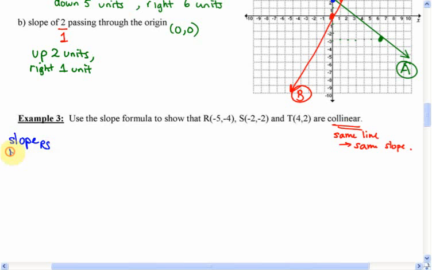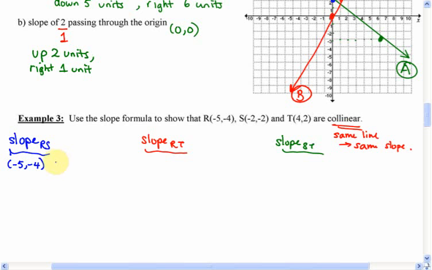Then find the slope between the points R and T. And then find the slope between the points S and T. And what should you hope in the end? If they're collinear, the answer should be the same. So I'm going to write out the coordinates for you, and I'm going to ask you to calculate the slopes.